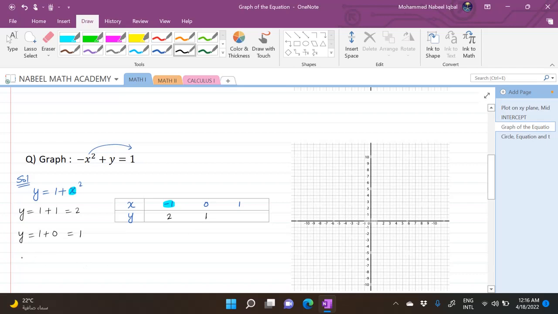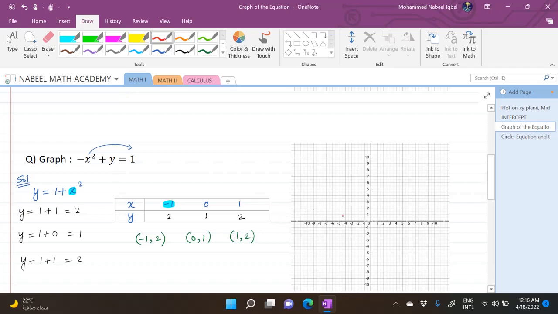When I substitute x equals 1, 1 plus 1, the answer will be 2. If you want, you can extend this part. Now I write it in terms of points: -1, comma 2, then 0, comma 1, then 1, comma 2. There are the 3 points you will find.